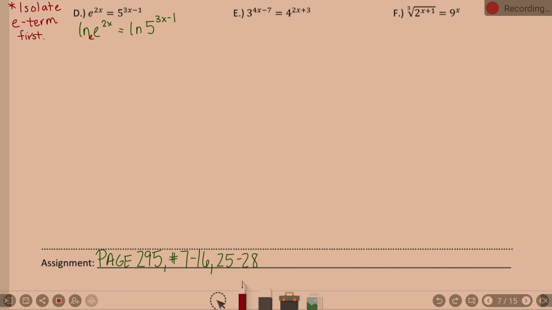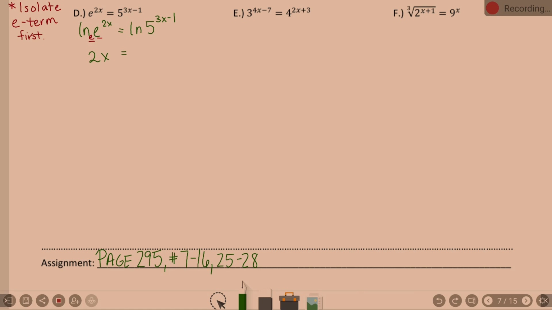So it's just 2x. Natural log of e^(2x) is just going to be equal to 2x, because when those bases are the same, it's just equal to whatever your exponent is. My exponent in this case is 2x. Now, am I saying you couldn't do it the other way and bring that 2x out front? It'll work. It's very doable. It's kind of the longer way, but it's doable.